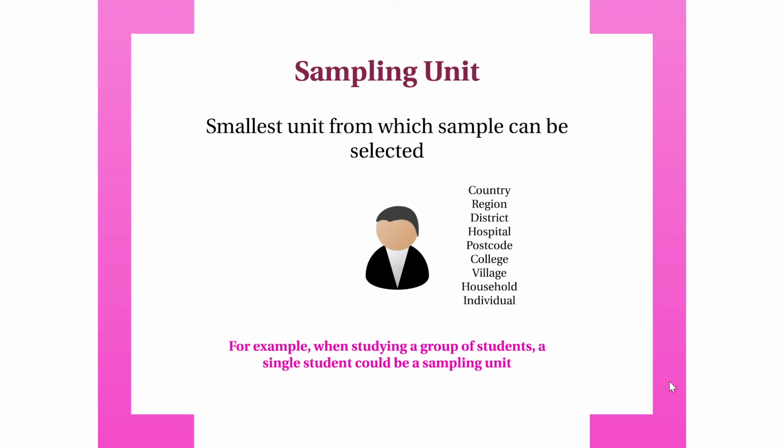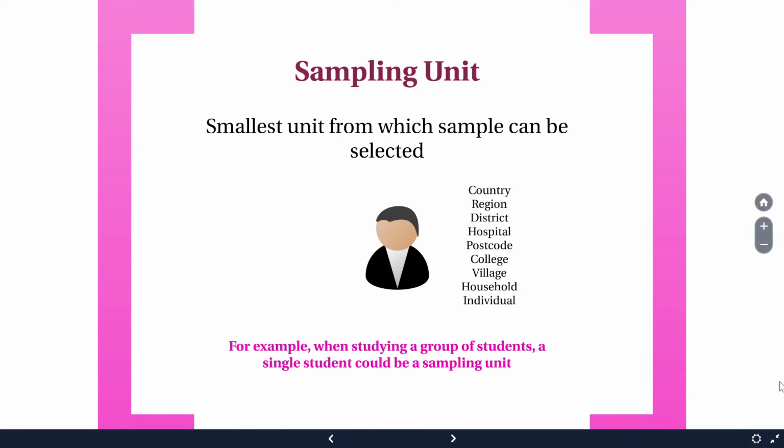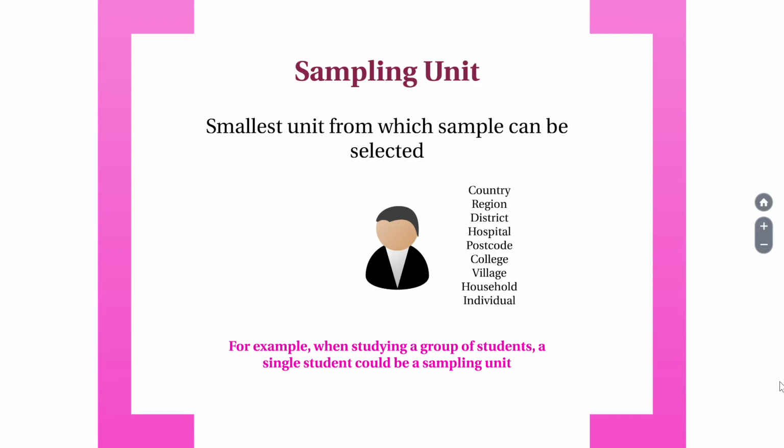The sampling unit is then the smallest unit from which the sample can be selected. So if we have a study that's interested in individuals, for example, individual student grades, the sampling unit would be the student. However, if we were interested in a study that compared different classes of students to each other, the sampling unit would be the classes and not the student, because it's those units that we want to select.